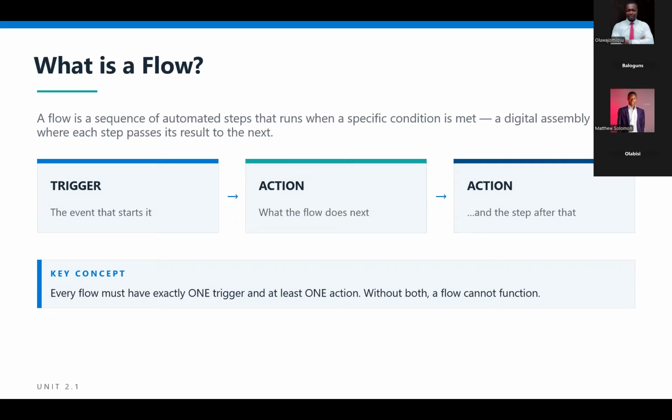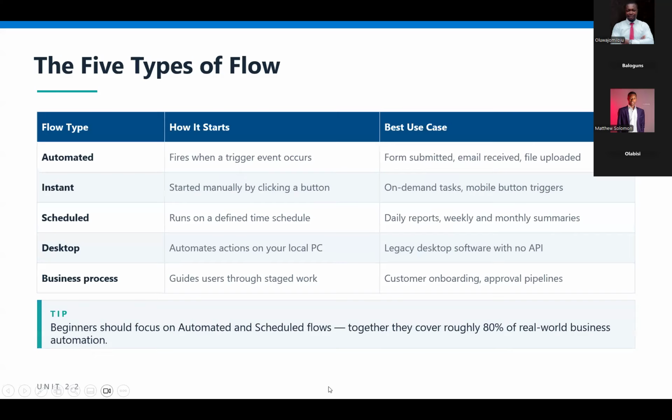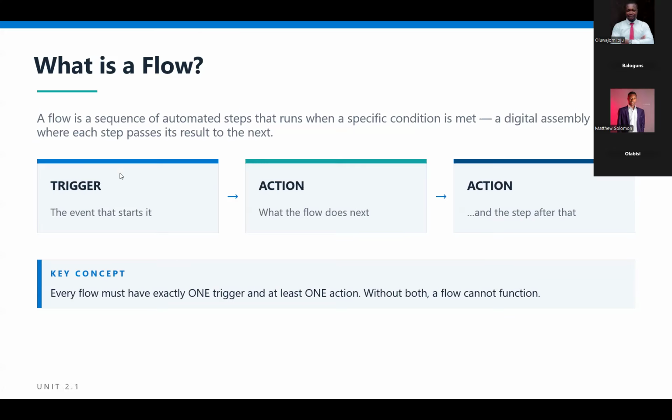And you need to know that a trigger is what starts the flow, while the action is what happens after the flow has started. What should it do? That's what it is. So every flow must have exactly one trigger and at least one action. So it means that it can have many actions, right?